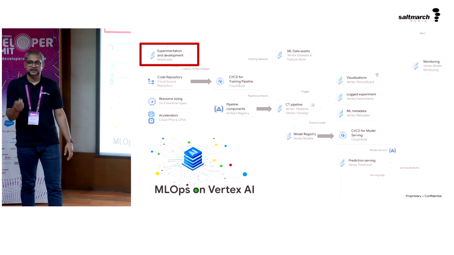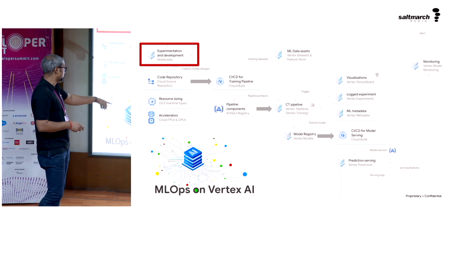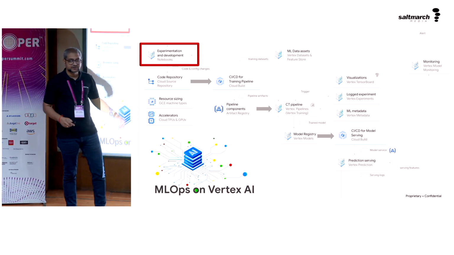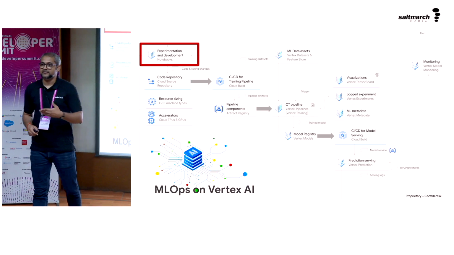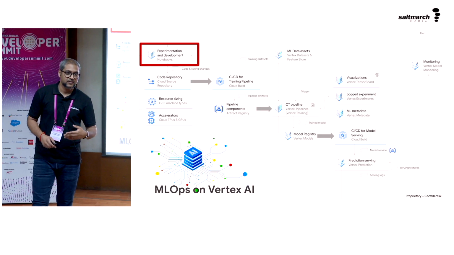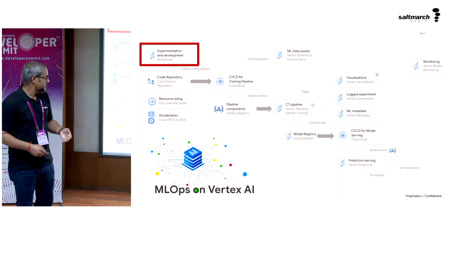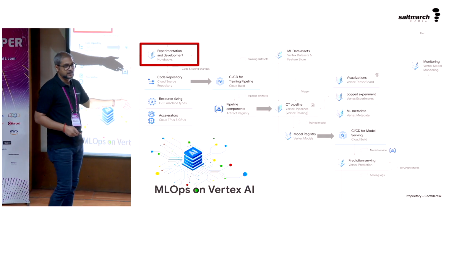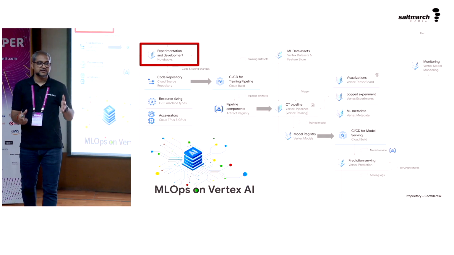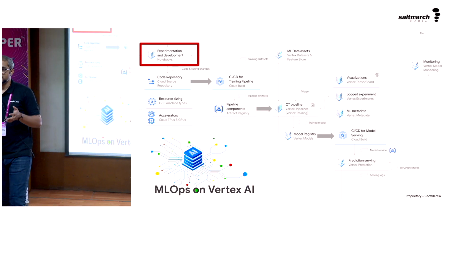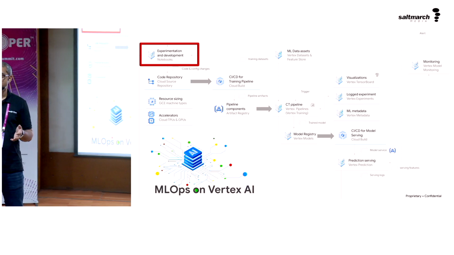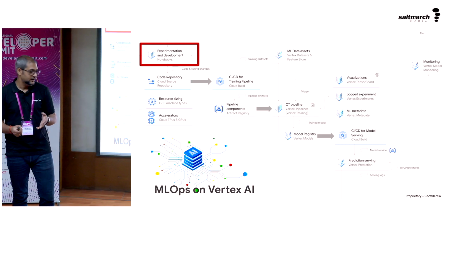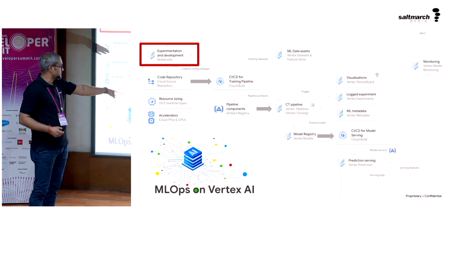Once that model is generated, I can use the Vertex AI models in the model registry lower here, for version controlling different versions of the model that I have trained, maybe with different hyperparameters, maybe different models that I want to try out. Then again, I can use the same pipeline to create a prediction container, because the prediction container will be different from the training container. Obviously, you want to expose the endpoint so that people can call it. You want to add some IAM permissions or other elements. So there is a prediction endpoint.